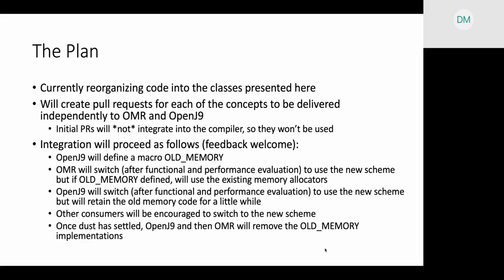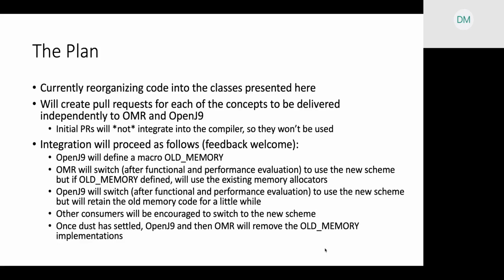So I'm using OpenJ9 here as an example of a downstream component that depends on this implementation, and so it needs to participate in this reasonably complicated scheme to get things integrated. I'm intending to keep both the old and the new memory code active at the same time, at least for a period of time, to enable us to track down performance regressions or functional bugs.